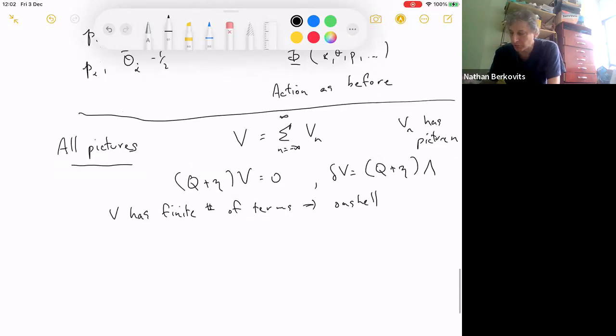To show that Q has trivial cohomology, all you need to do is construct an object such that the anti-commutator with Q is equal to 1. And that's easy to do. So if you work in a large Hilbert space, both Q and eta have trivial cohomology, and you can use that to show that this spectrum, you can always reduce V to be in a single picture. And once you reduce V to be in a single picture, then of course (Q plus eta) V equals 0 implies that Q of V equals 0 and eta of V equals 0, because they carry different pictures.